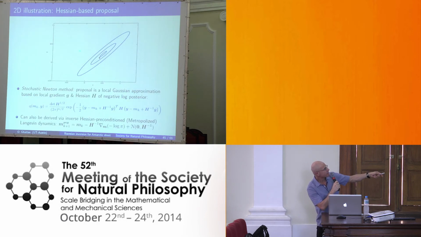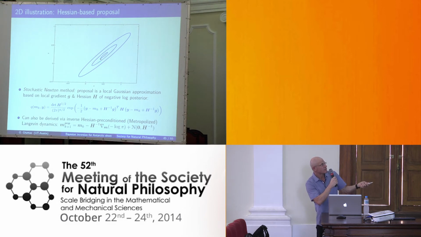Again, sorry, you can't see the gray contours at the back, but we're trying to sample the banana function back here, and we have this as a proposal. In fact, at the current point, the blue contours match the gray contours to two derivatives locally. And then, of course, they start to differ when you get out far enough. So the idea is you build a local proposal based on these variational expressions that were formed through the Lagrangian, based on the Hessian.